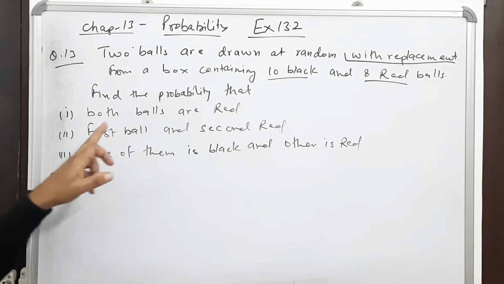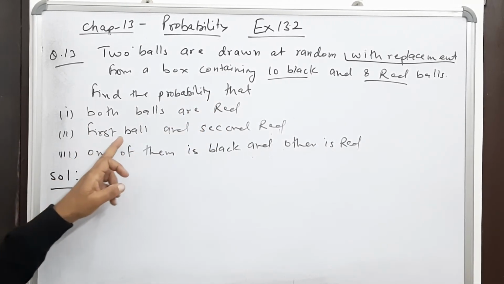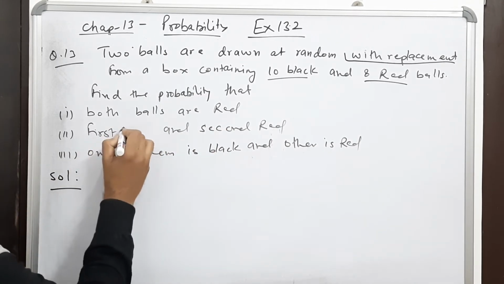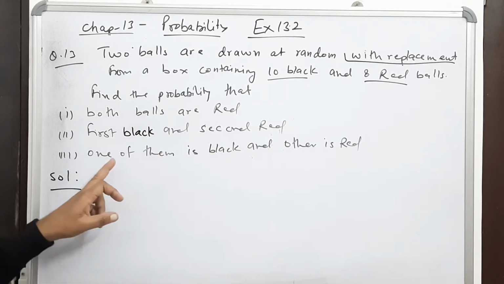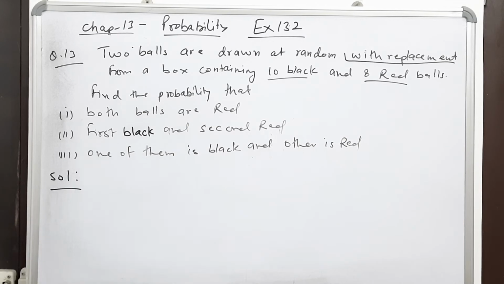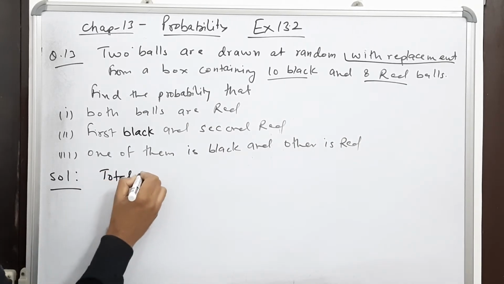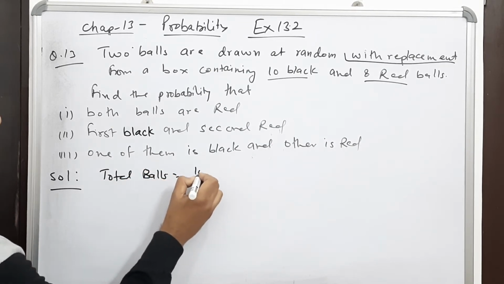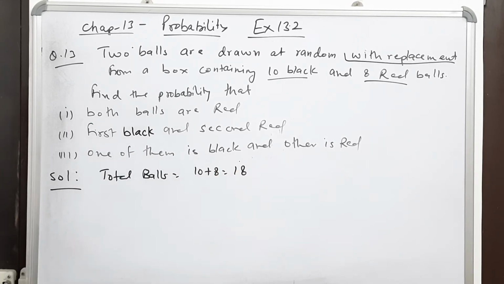Find the probability that both the balls are red in color, or one of the balls is black and the other is red. The total balls are 10 plus 8, that is 18.